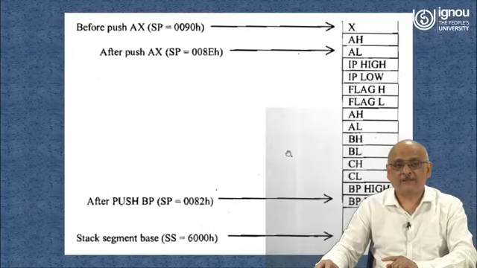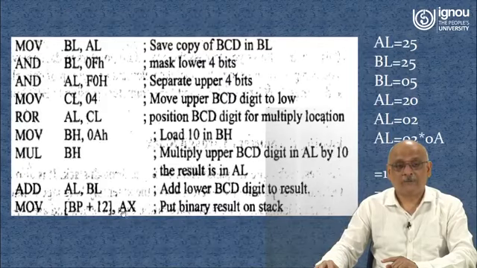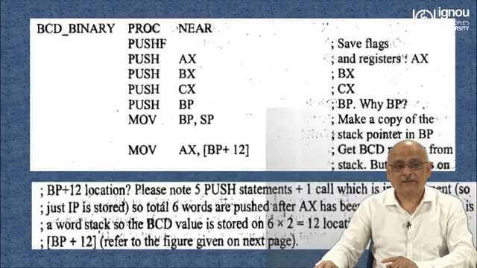So this particular diagram basically explains it. You can count 2, 4, 6, 8, 10, 12, and after 12 are AL and AH. We have reached AH and AL. So that is the significance of BP plus 12. BP plus 12 primarily moves this particular value.